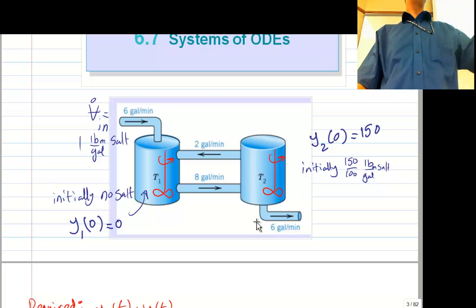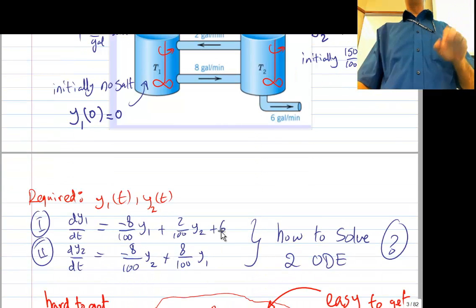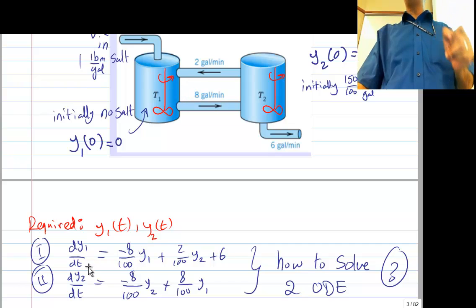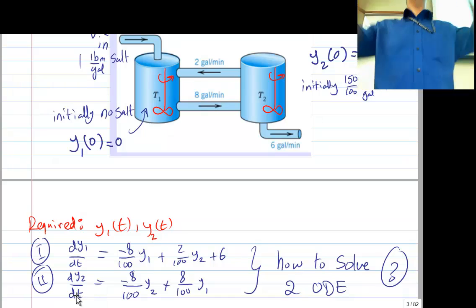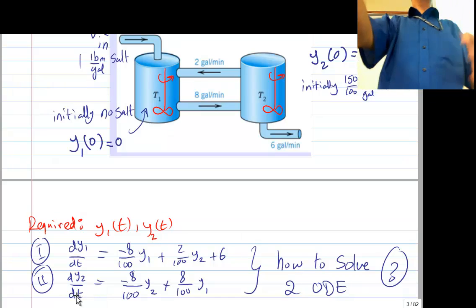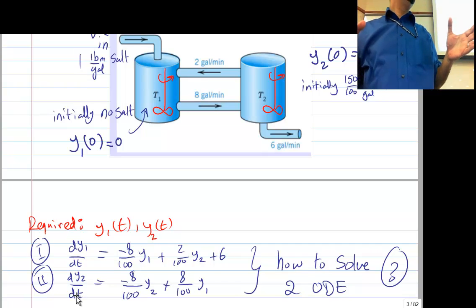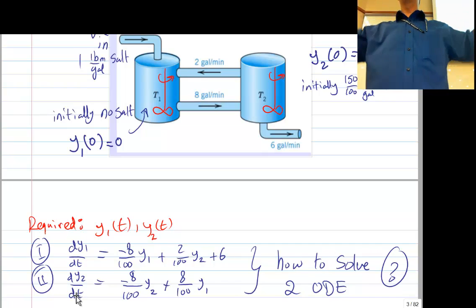Those are horrible. Let's leave them for the end. But those are a little bit easier. This is an ordinary differential equation. So y1 is only a function of t, and y2 is only a function of t. We could have not just 1 or 2 tanks. It's a network of tanks connected. A big refinery, tons of tanks.